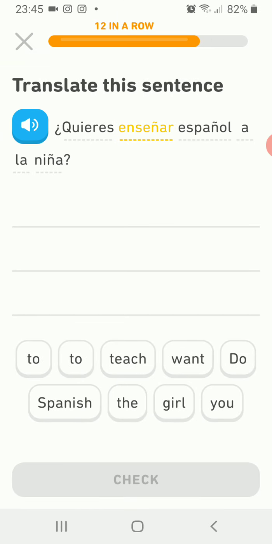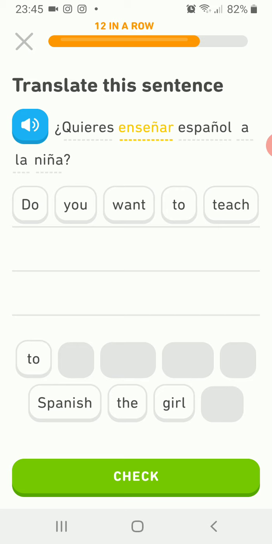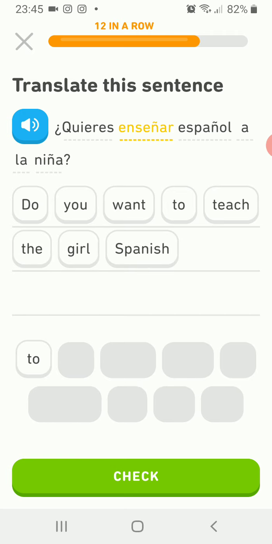¿Quieres enseñar español a la niña? Do you want to teach the girl Spanish?